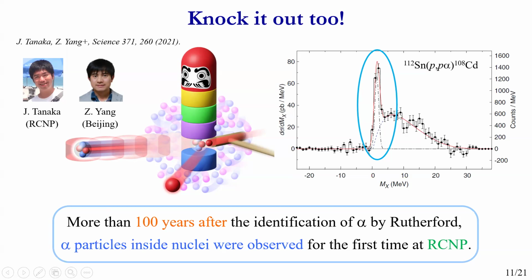Well, there's this one peak and this broad continuum. Definitely, this corresponds to the ground state of cadmium-108, but currently we don't have a clear interpretation of this part. It contains quite a large range of excitation energy.